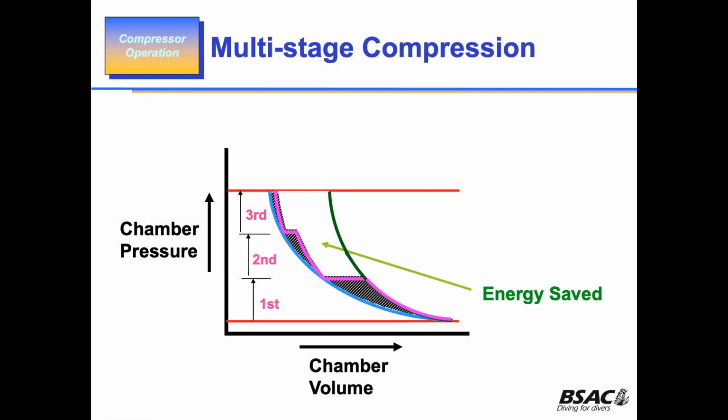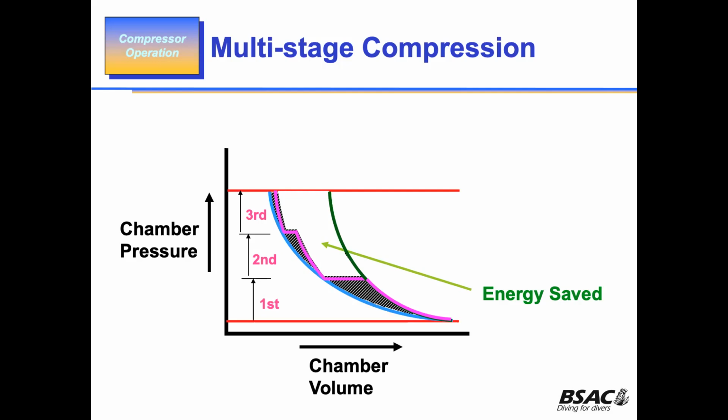It's less energy to drive the compressor, because if you've got a single stage compressor and you want quite a bit of pressure out of it, you can have a rather large driver. There's nothing stopping how many stages you use, but three seems to be just right for diving compressors.